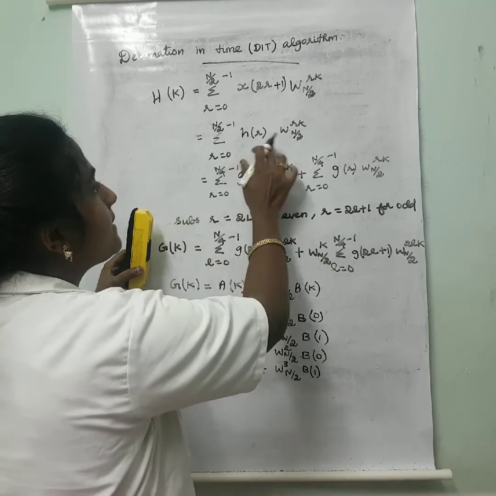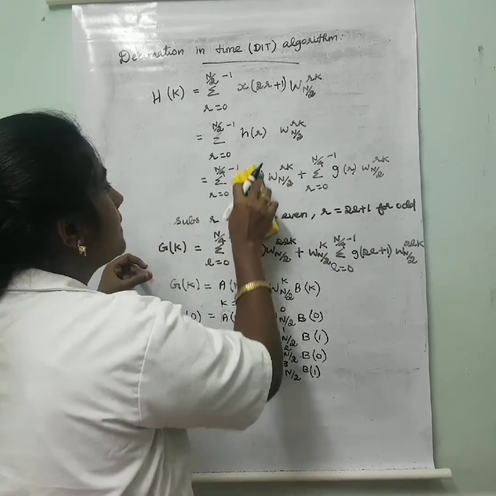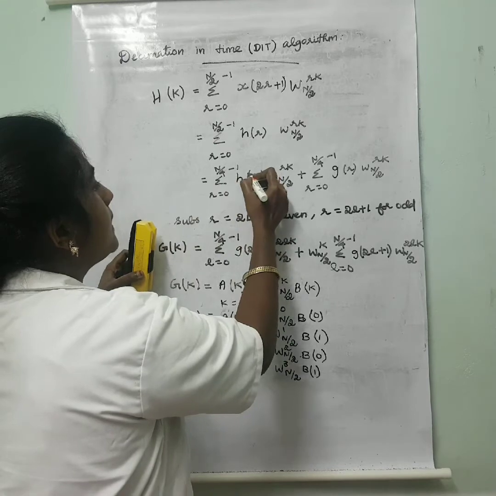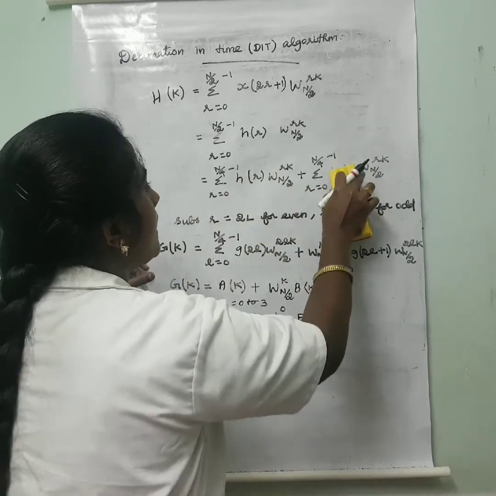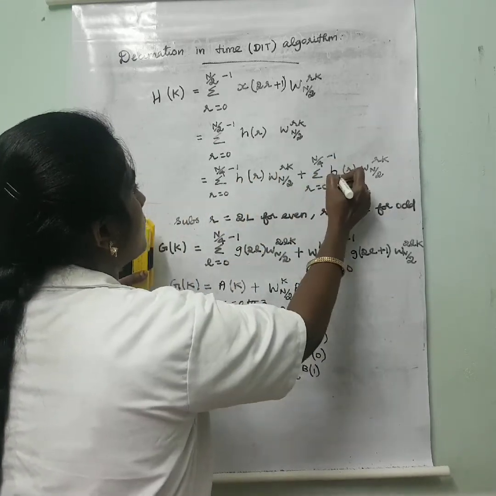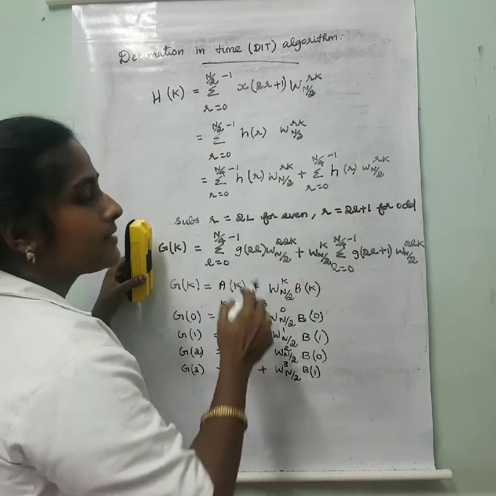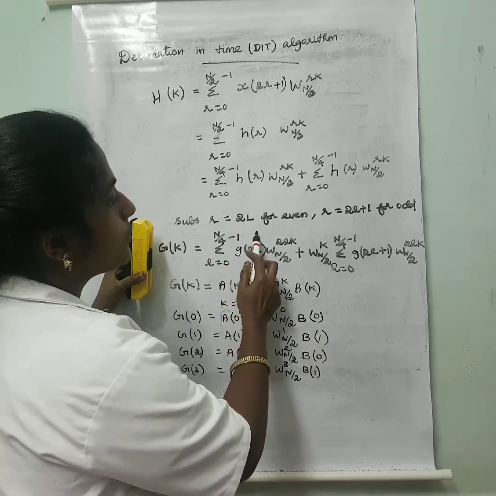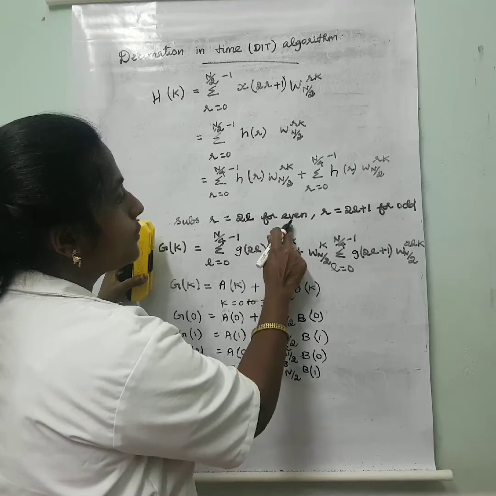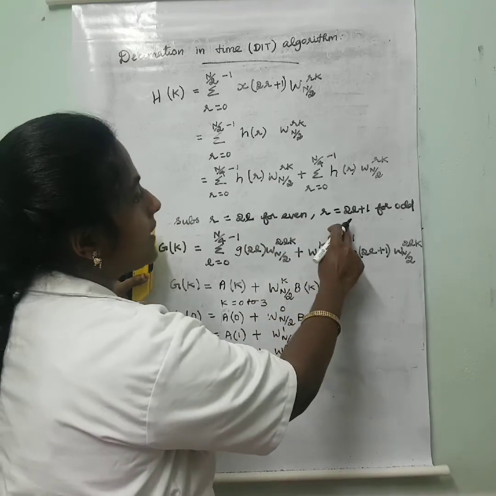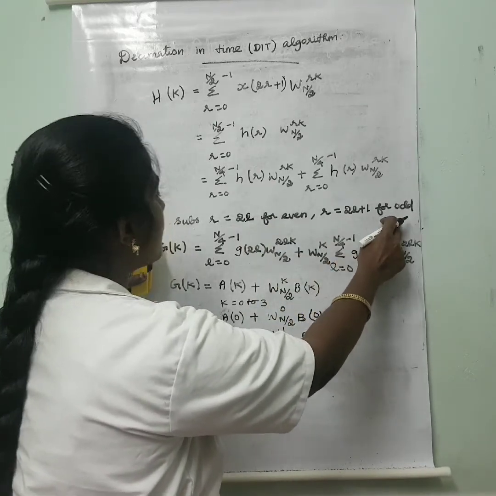Again you can split this h of r into two parts, the first one is the even part and the second one is the odd part. Again substitute r equal to 2l for the even part and r equal to 2l plus 1 for the odd part.